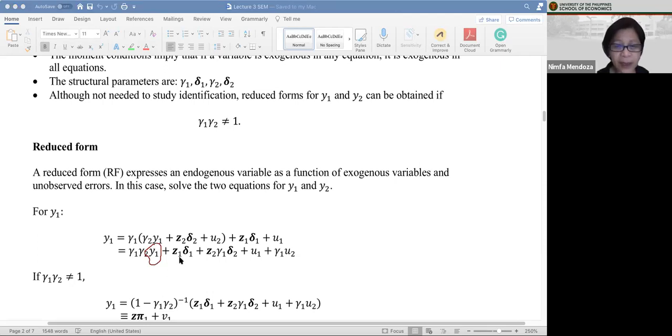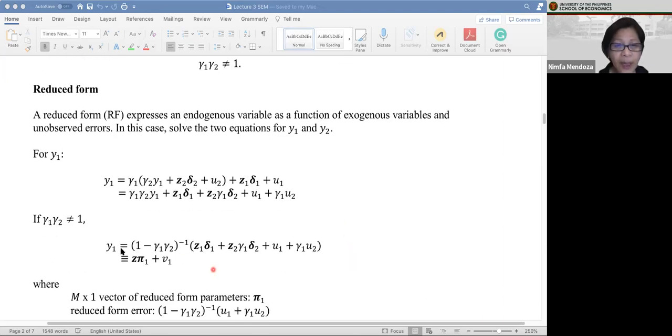Then you have the exogenous variables, c sub 1, c sub 2. We want y sub 1 to appear only on the left-hand side. Therefore, you bring this term to the left-hand side.